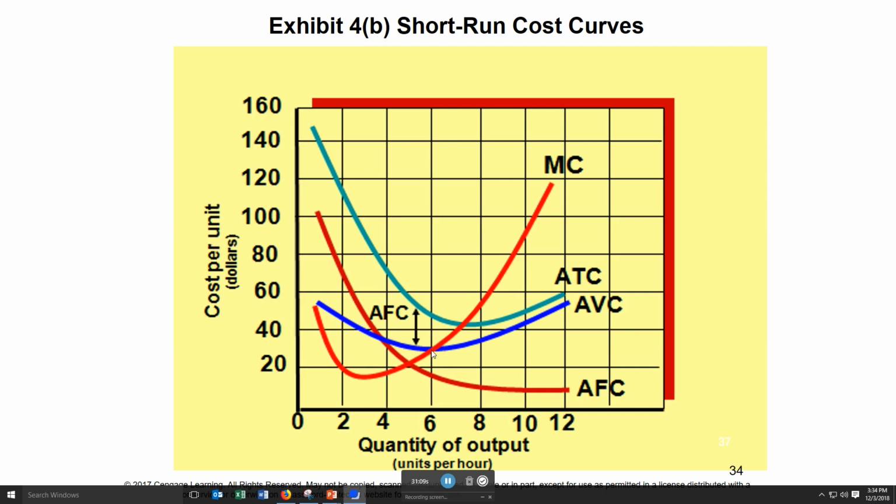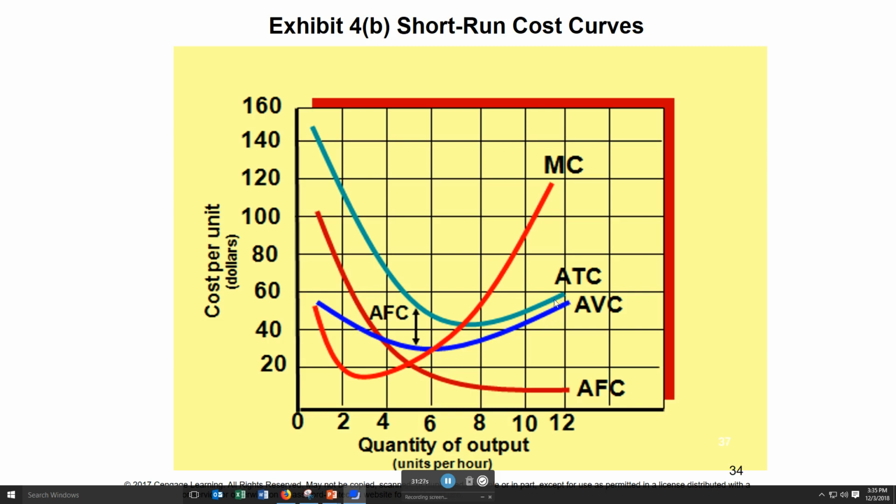At this point, average variable costs are at their lowest point. Where marginal cost is above average cost, average variable cost increases. So we get this nice little bowl shape here.